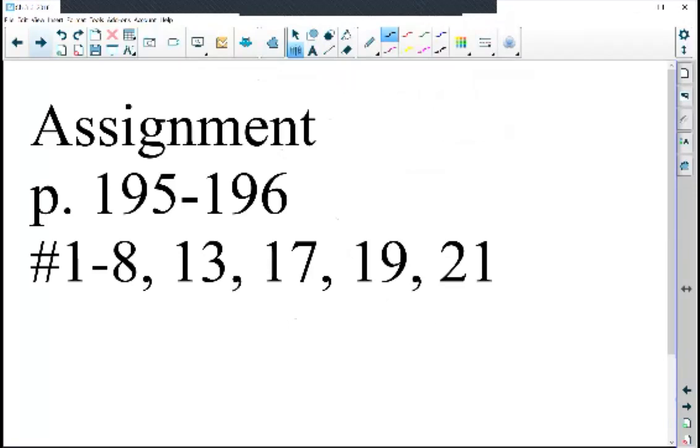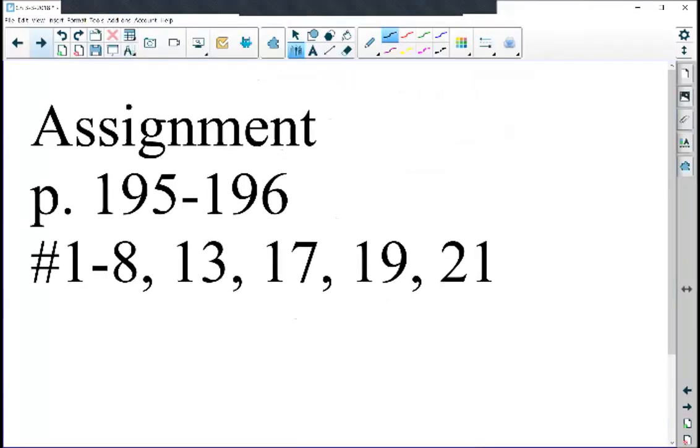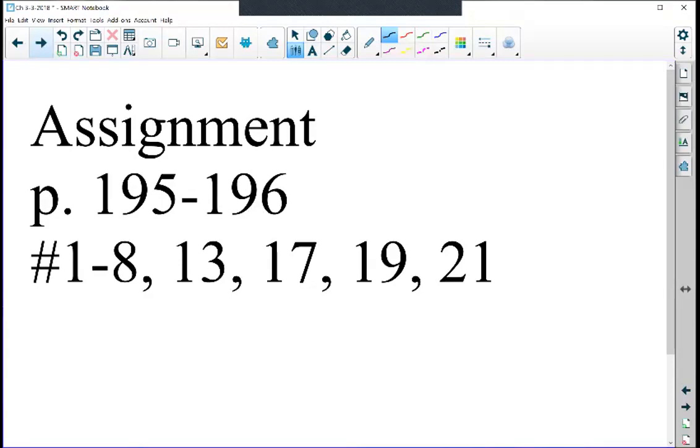And then a couple, like 1 through 8 and number 13 are just straight, find the derivative. I think 17 is the one where you're showing that the derivative of a certain trig function is what it is. And then 19 and 21 are both finding the equation of a tangent line.